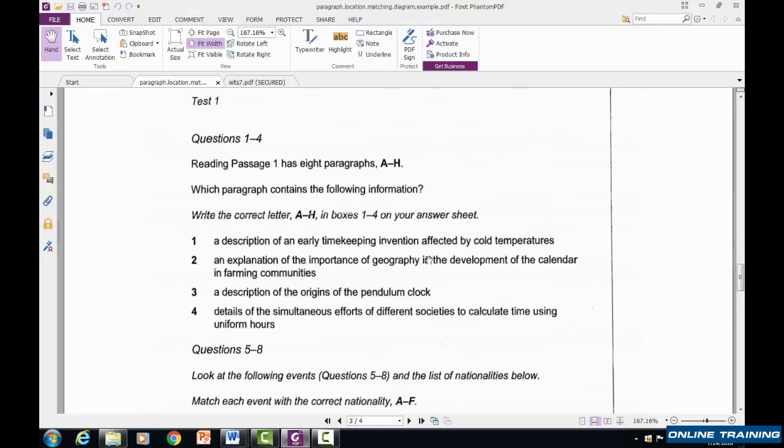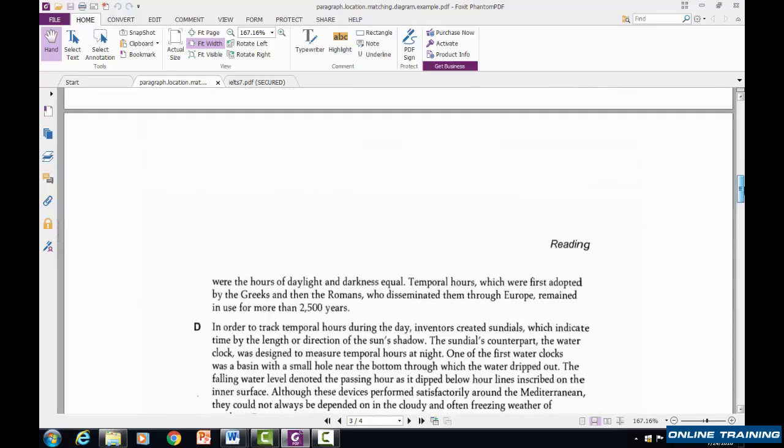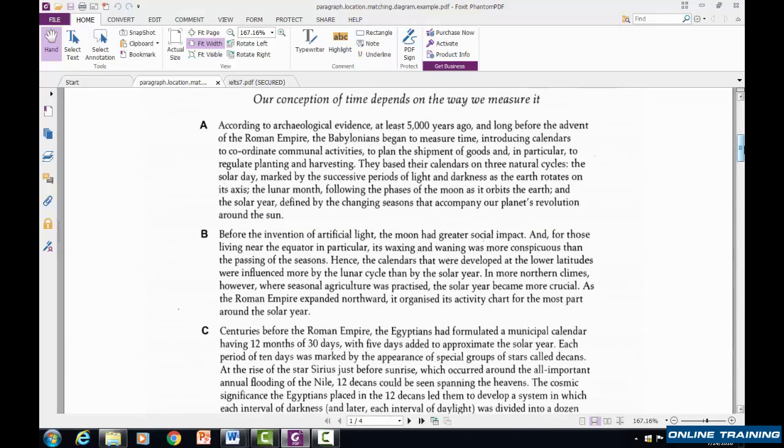All right, so now let's go to the first page and see if I can find something about geography, a calendar, and farming. I'm looking for a paragraph that mentions geography, calendar, and farming. I'm here in paragraph A. Okay, here we are, paragraph B. Right here we see the word calendar.